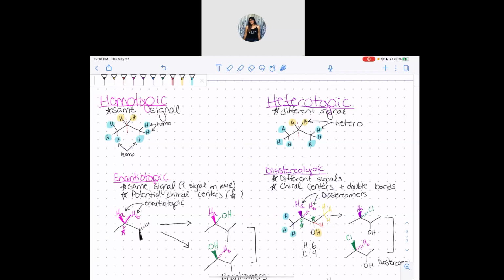Anything that's different is considered heterotopic. Same here: homotopic is everything that's the same, and enantiotopic is a specific example. Everything that's enantiotopic is homotopic, but not everything that's homotopic is also enantiotopic. Those are a lot of words. It sounds like gibberish, but I hope that makes sense.